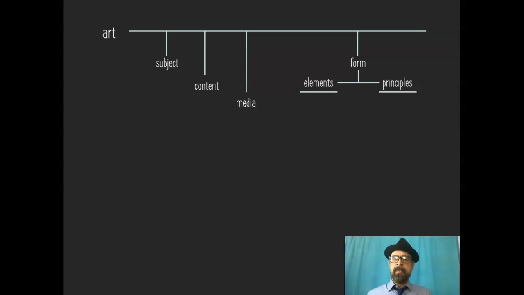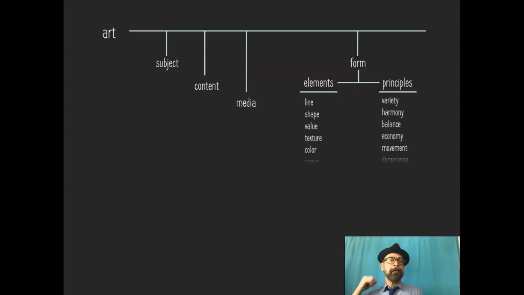Now those elements are the building blocks, and the principles are the organizing ideas that help you arrange those building blocks. So elements of line, shape, value, texture, color, and space. Principles of variety, harmony, balance, economy, movement, dominance, and proportion. These things make up the look of the work. Like, how is the work made?